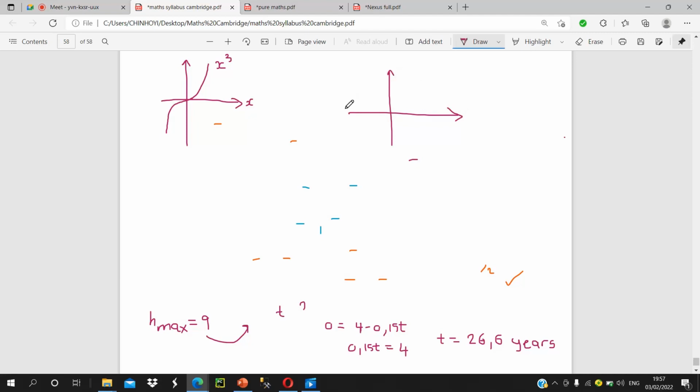But next time when you are drawing the graph of e to the power of x, it's just like this. It cuts at what? At 1, isn't it? Then for e to the power of negative x, it will be opposing, like in this direction.